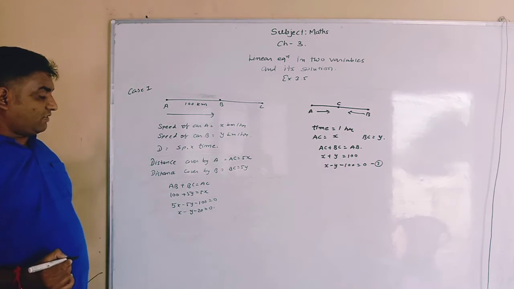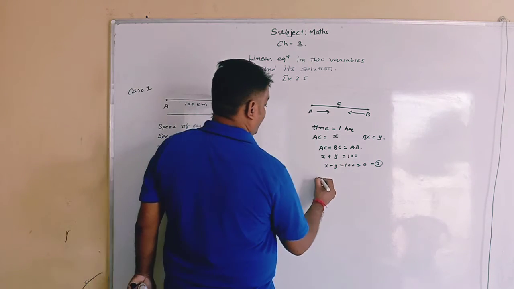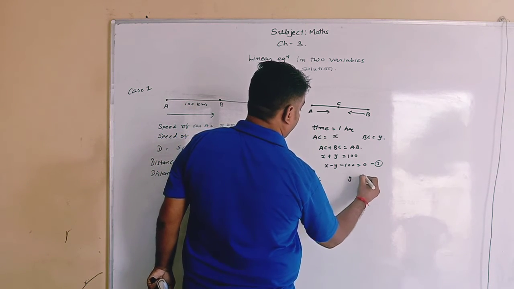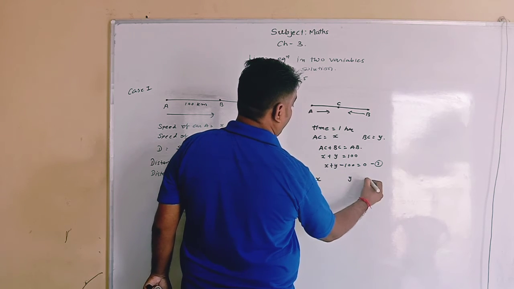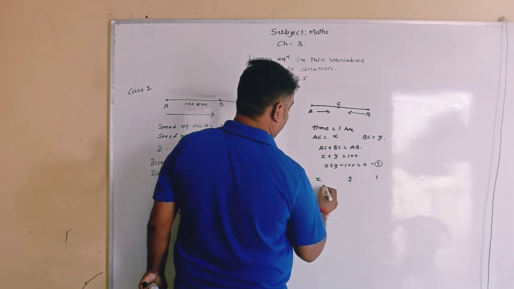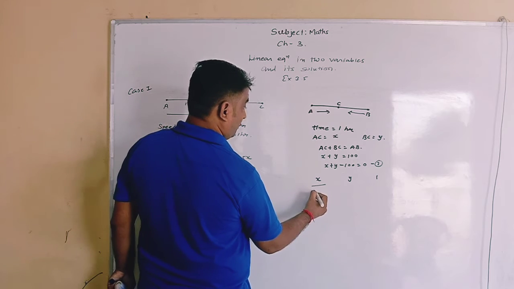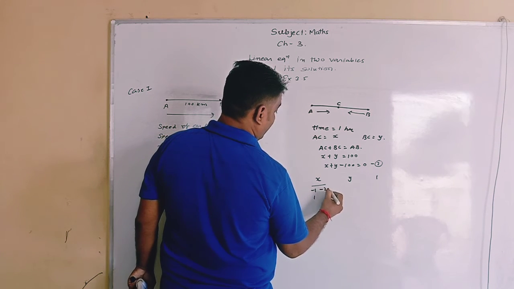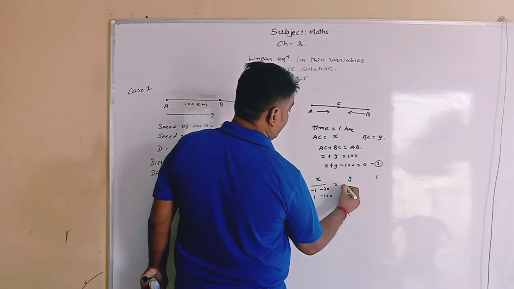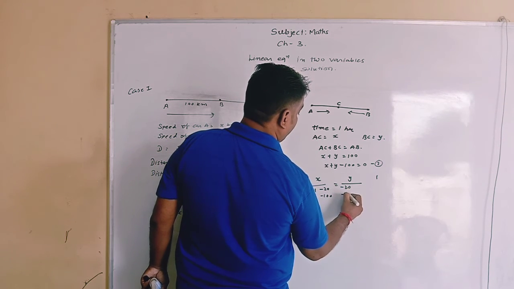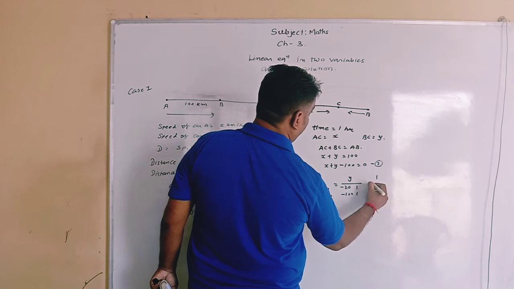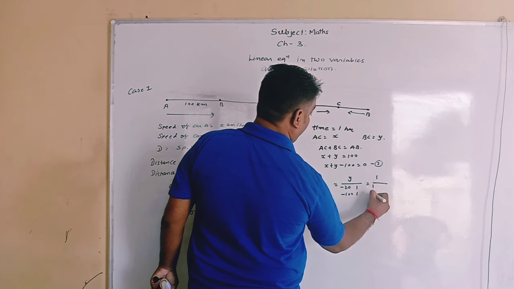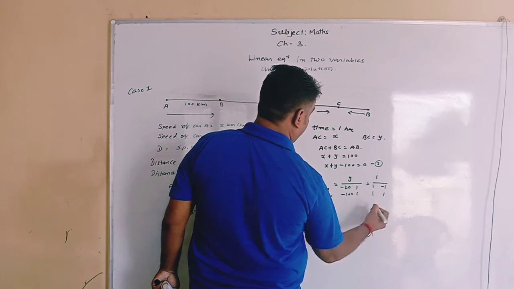Now we solve these equations. Then here x upon minus 1 minus 20 minus 100, y upon minus 20 minus 100 1, and here 1 upon 1 minus 1.